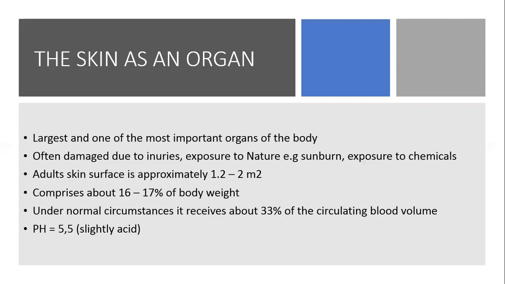So when we say that the skin is an organ, if we think about an organ, we think about all our most vital organs, like the heart, the liver. But what we tend to forget is that the skin is the largest and one of the most important organs of the body. And it very often gets damaged due to injuries like exposure to nature, sunburn, and chemicals.